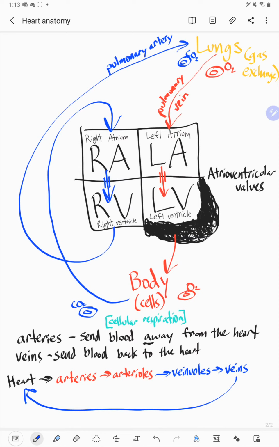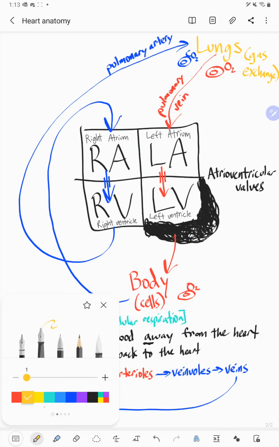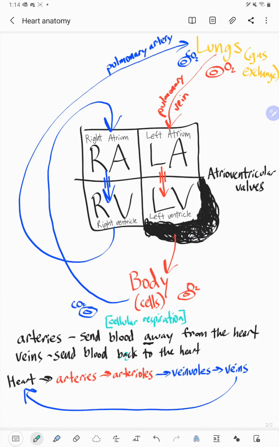And then, as we just said, here between the arterioles and the venules, that's where gas exchange is occurring, and cellular respiration. So here we've got cellular respiration, which, in other words, is gas exchange occurring.